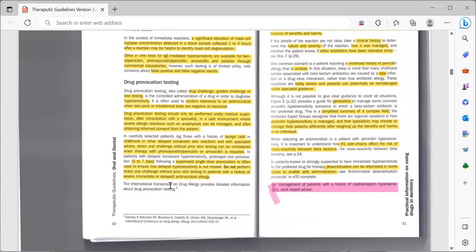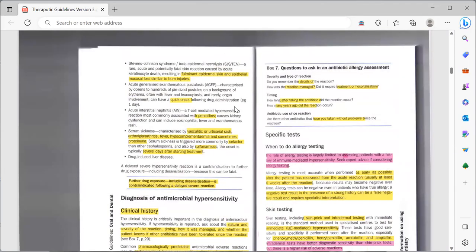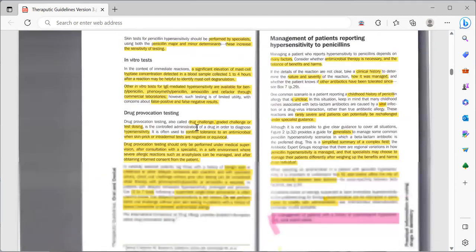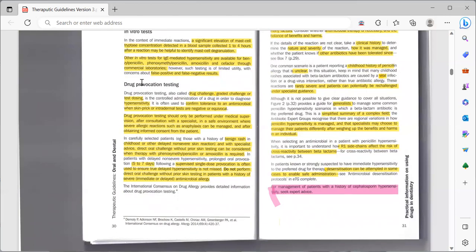If the patient has a history of severe allergic reaction, which is anaphylaxis, or DRESS, or Stevens-Johnson syndrome, or AIN, or AGEP, or serum sickness, then do not give any direct oral provocation without doing the skin prick test.